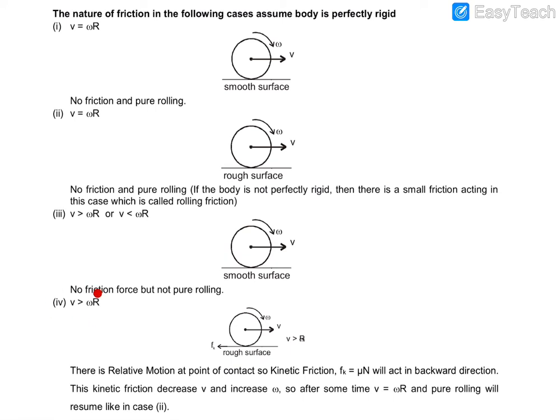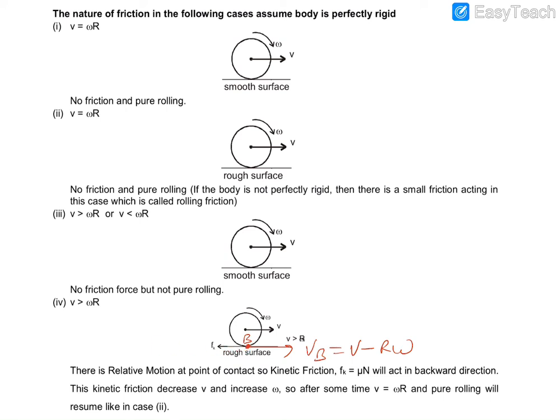Now if v is greater than r omega but this surface is rough, then this is the condition of forward slipping, because the velocity of this point B would be in the forward direction, vb, and it would be equal to v minus r omega. So this point is moving in the forward direction relative to the ground, and hence this is the condition of slipping. To prevent this body from slipping, the friction would be acting in the backward direction.